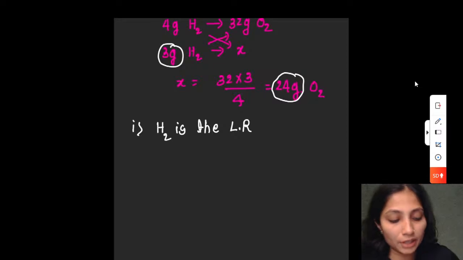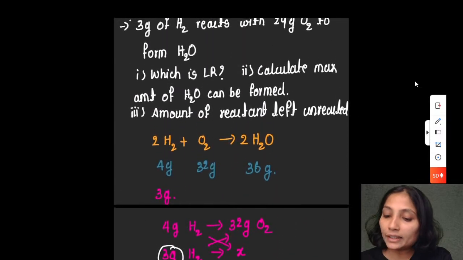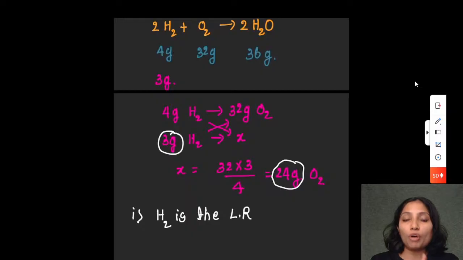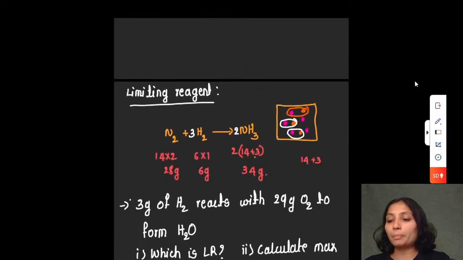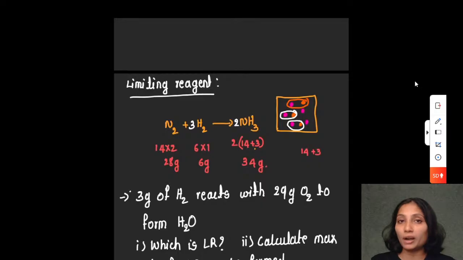Next, the continuation of the question is, calculate the maximum amount of H2O that can be formed. Always remember, product formed depends on the limiting reagent. As we checked in the pair formation example, it depends on the balls which are present in less quantity.